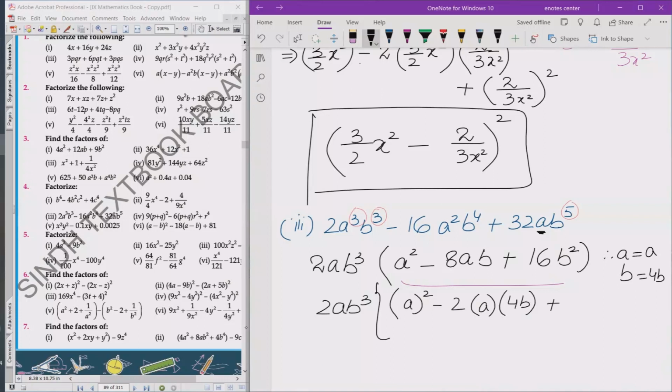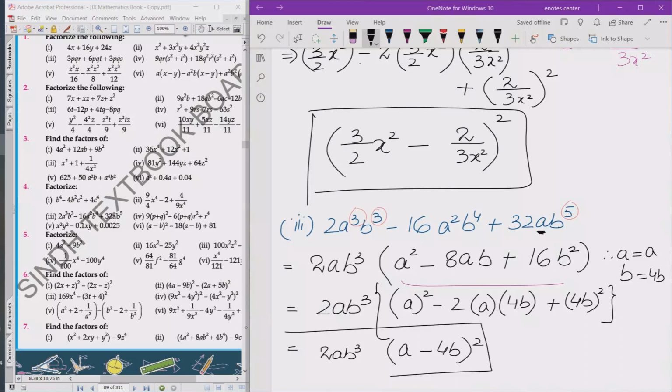And after that 4b whole square is here, right? Now we can simplify like this: A minus 4b whole square. So this is the answer of this question. I hope you understand how it can be solved. Now we will simplify question number 4.